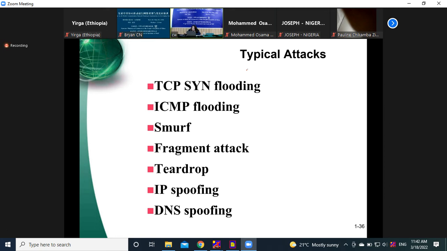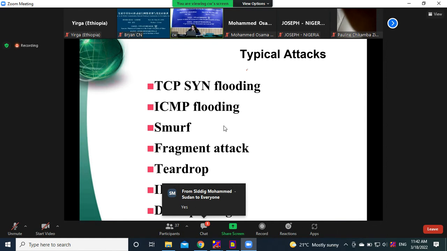If the attacker sends a packet longer than 65535, some destination stations have to reassemble these frames, and in this way the attack succeeds.